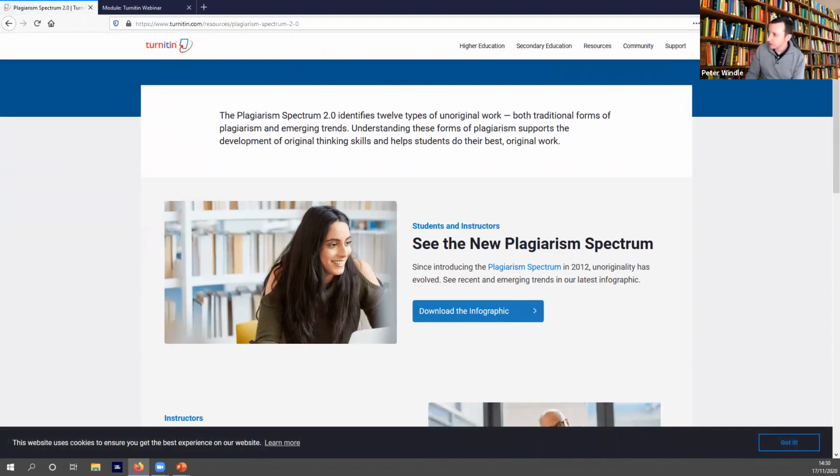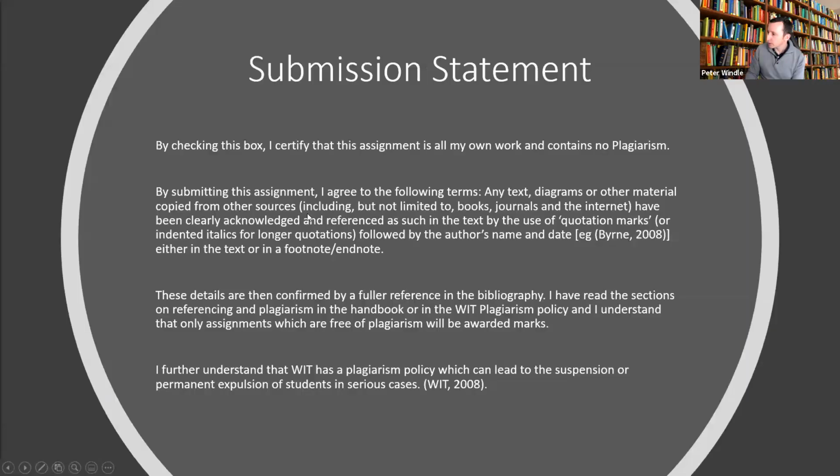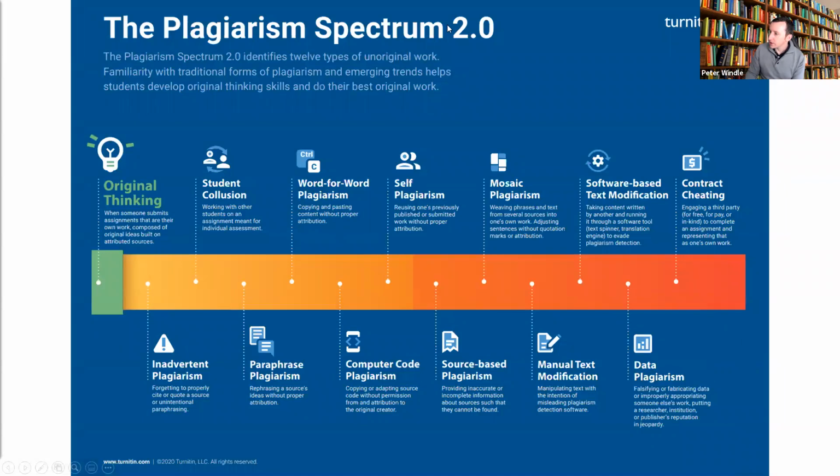I have it open in the PowerPoint here. The Plagiarism Spectrum 2.0 grades it from original thinking, when someone is doing the correct work, that's in green, and then it goes from green to red. So inadvertent plagiarism, student collusion, paragraph plagiarism or paraphrase plagiarism, word for word plagiarism, computer code plagiarism, self-plagiarism, source-based plagiarism, mosaic plagiarism, manual text modification, software-based text modification, down to bad things like data plagiarism and contract cheating.